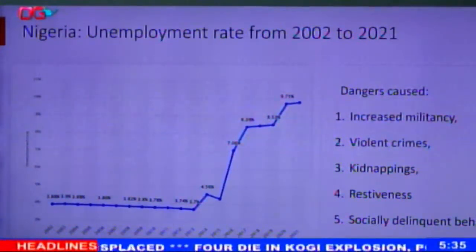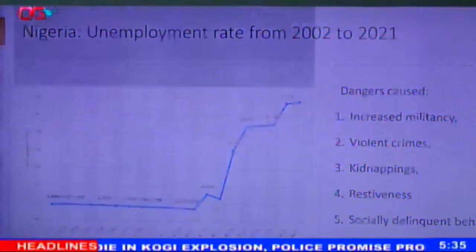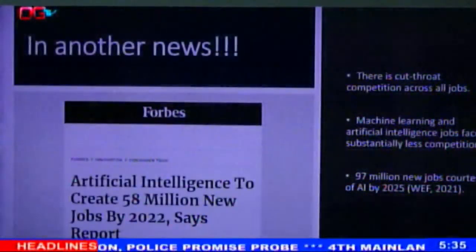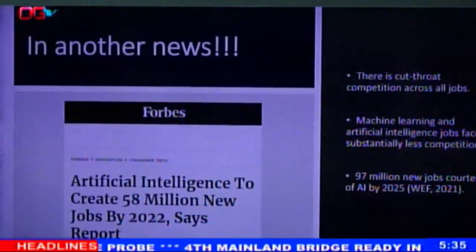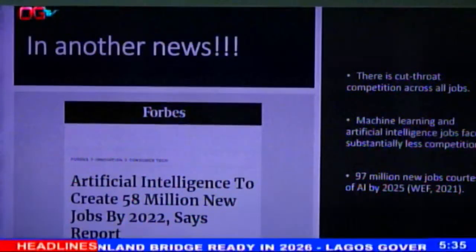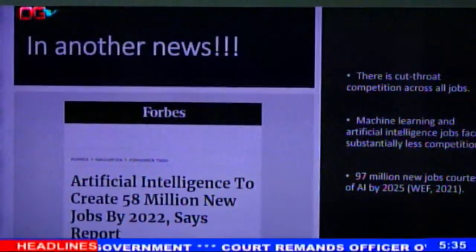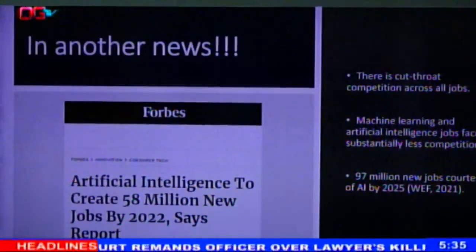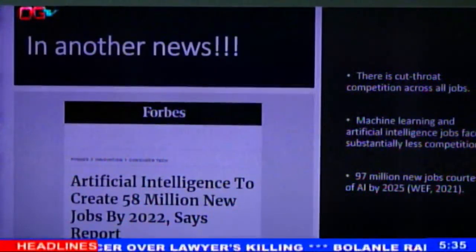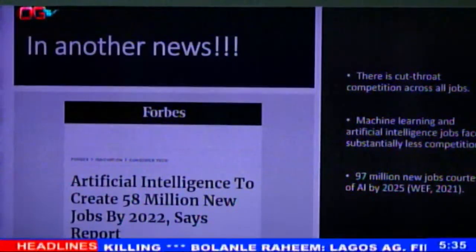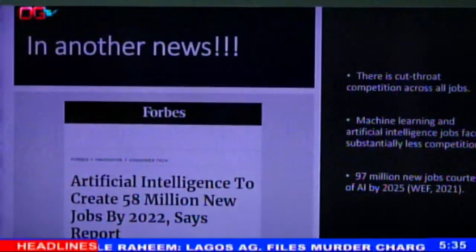However, in another news, artificial intelligence is going to create about 58 million new jobs by 2022, according to a report of Forbes. Of course, I must also balance this by saying that with the introduction of artificial intelligence, there will also be some jobs lost.